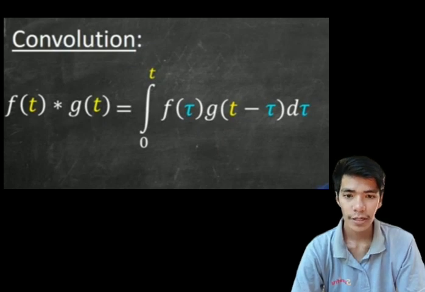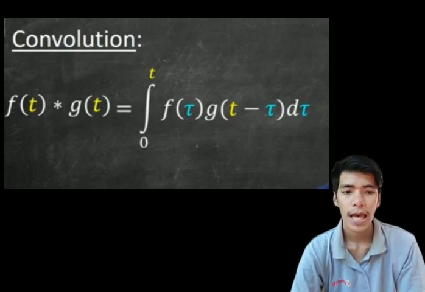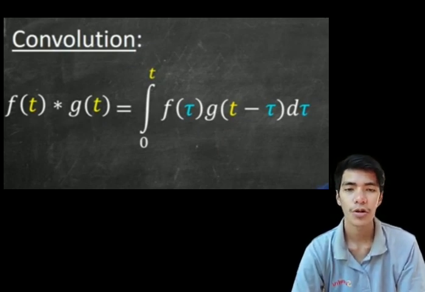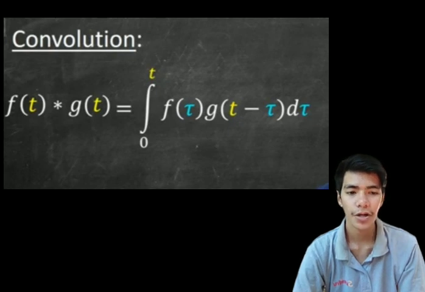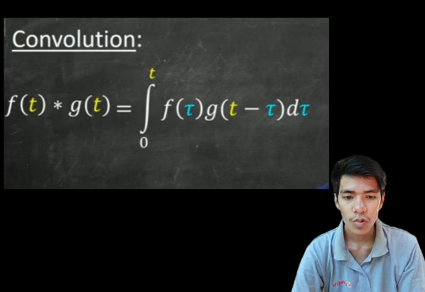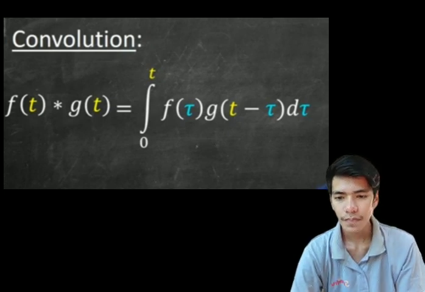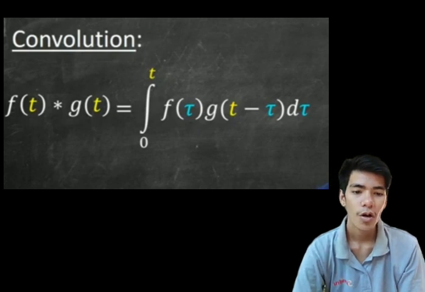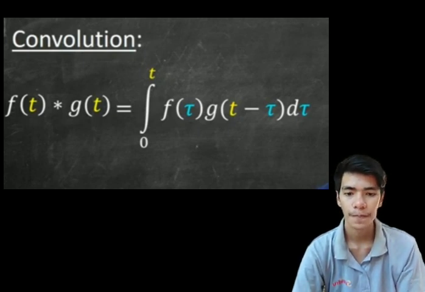So the first one is the commutativity one. I'm going to begin with the convolution of f and g and show the alternate order. Basically, what I want to do is interchange the roles of f and g here, and I'm going to do that with a substitution.